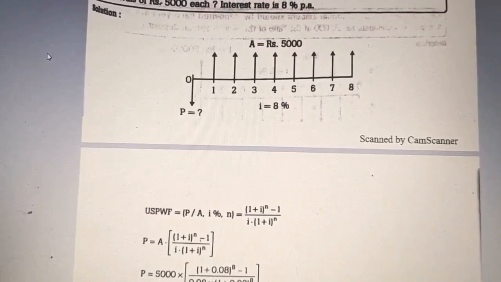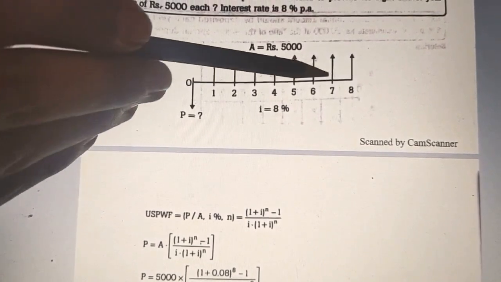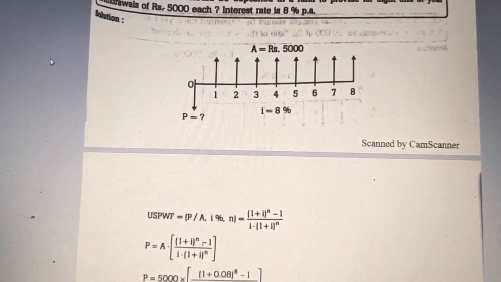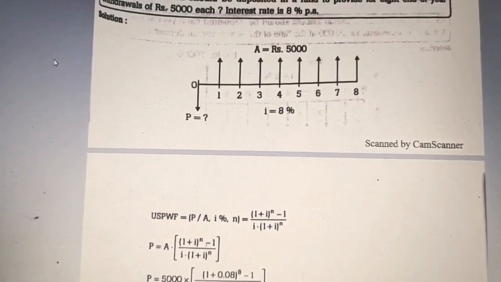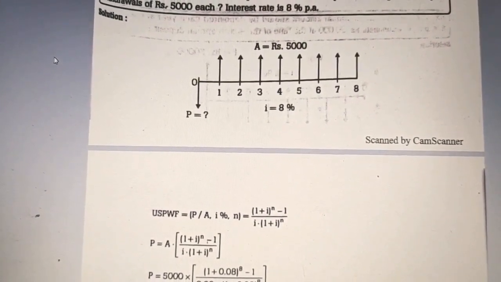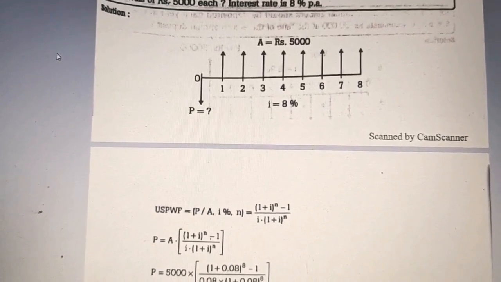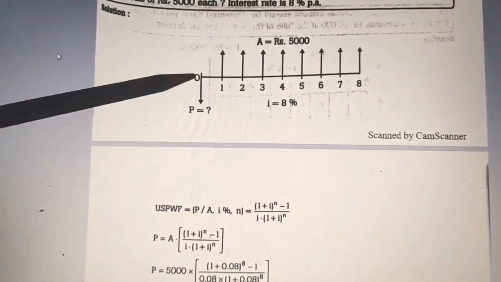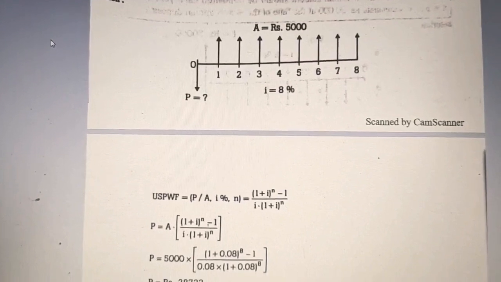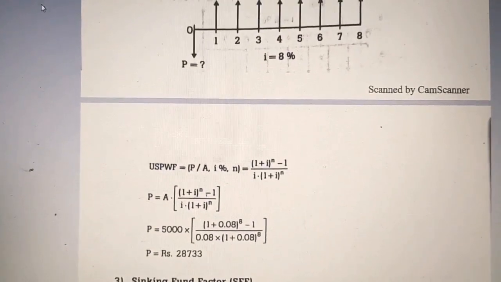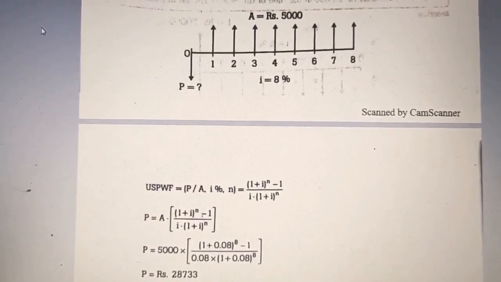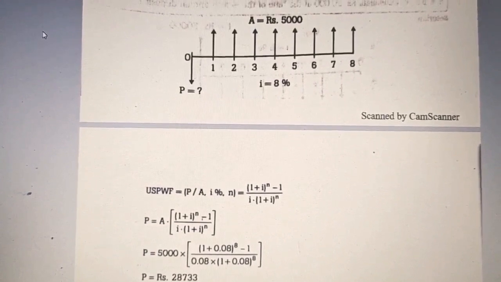There we had 8 vertical lines which were downward, but here we have the same 8 lines in the upward direction. Why? Because here with only one investment, that is 28,733 rupees, I am going to get my income after a year.